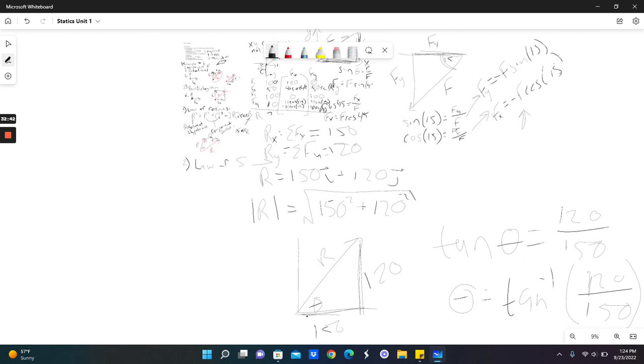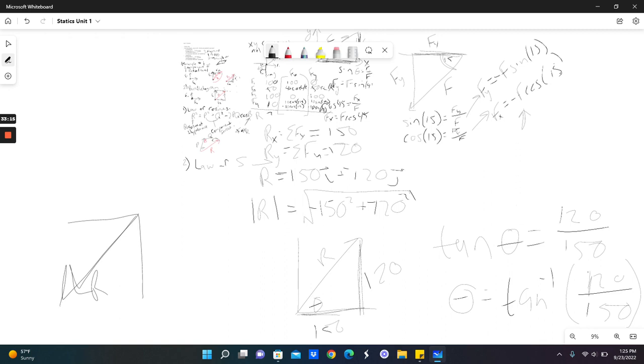My one caution, I guess, would be, let's say we had two negative values here. Then our resultant force would be going in the negative y and negative x directions, right?